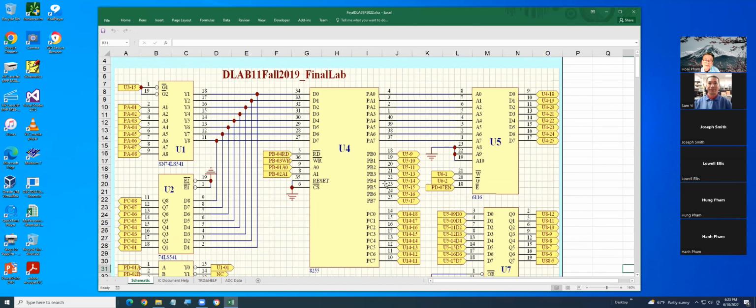That means port B goes to data. So you can send data to port A for address. You can send data to memory through port B. Then you can apply write data. Okay?